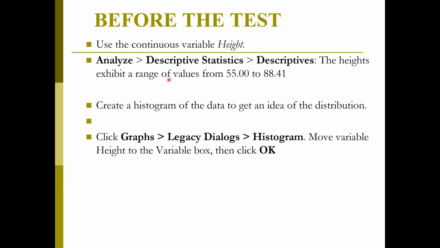Then the height exhibits the range of this, which should be there. We create a histogram. How do we do that? We go to Graphs, Legacy Dialogs, Histogram, move the variable height to the variable box and click on OK.